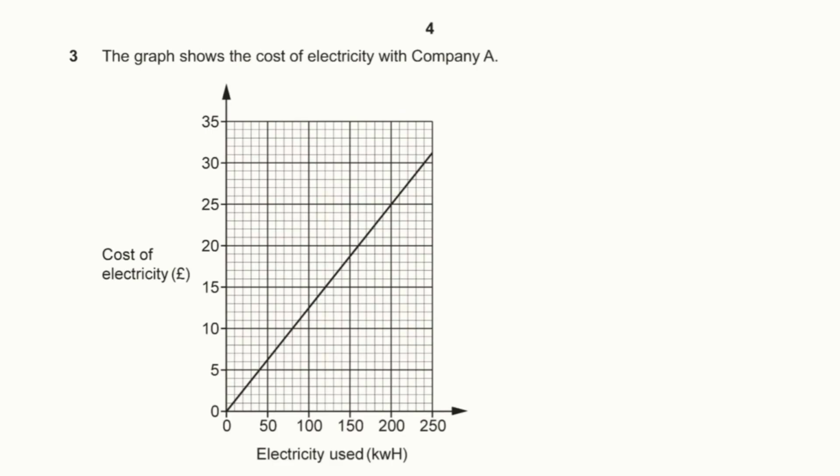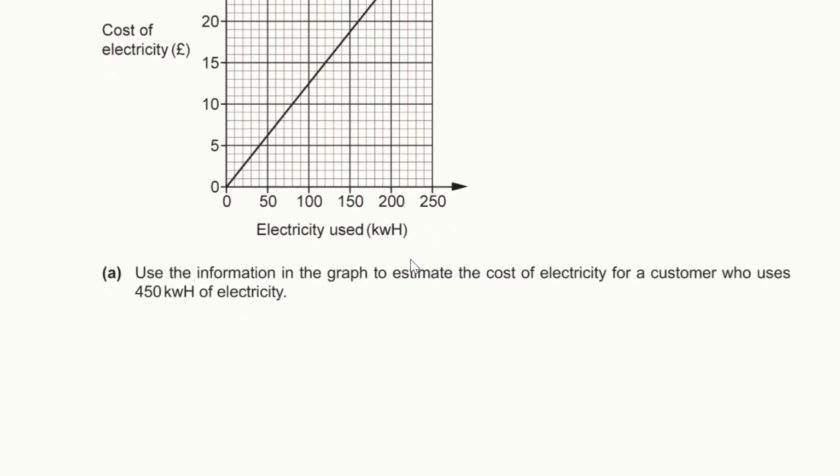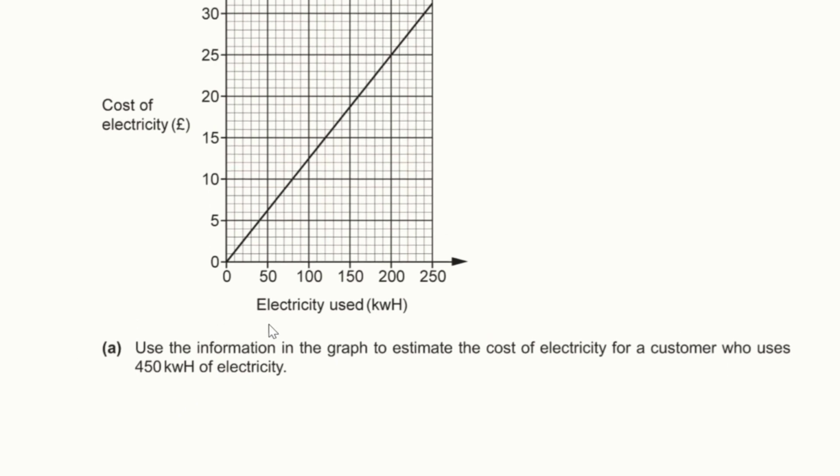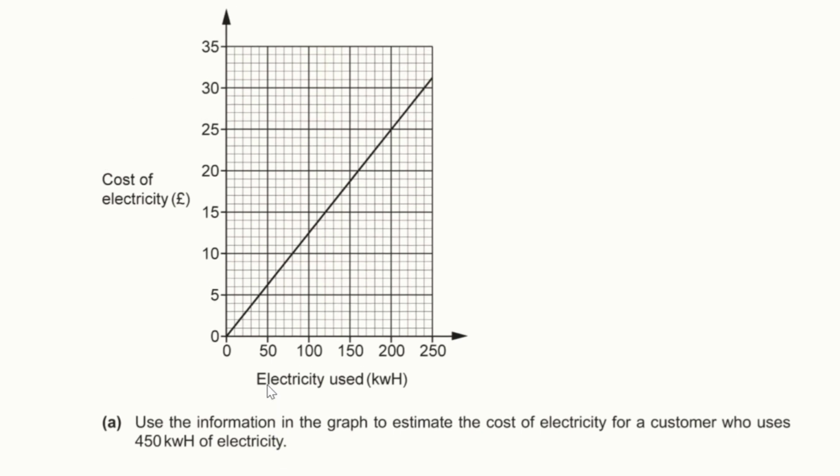Question number 3. The graph shows the cost of electricity with company A. So we've got the cost of electricity and the electricity used in kilowatt hours. For part A, we have to use the information in the graph to estimate the cost of electricity for a customer who uses 450 kilowatt hours of electricity.